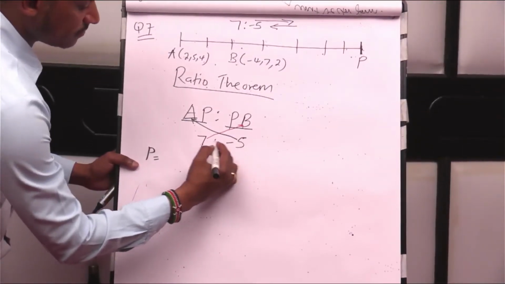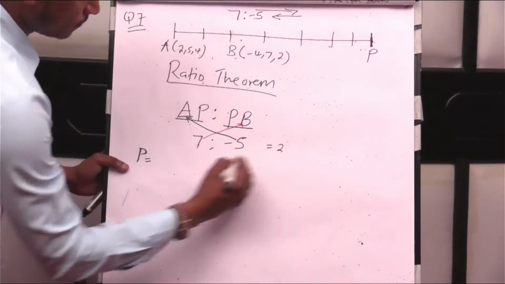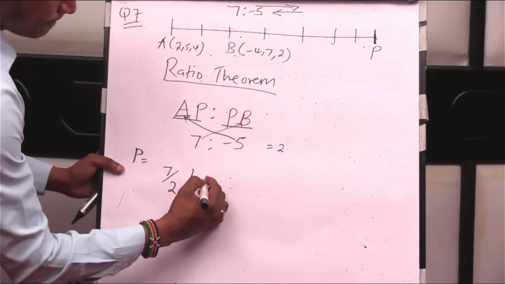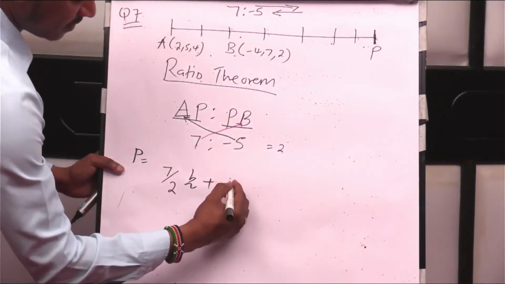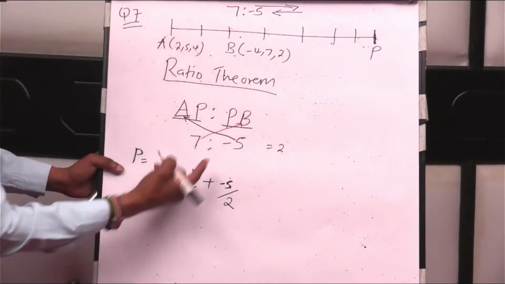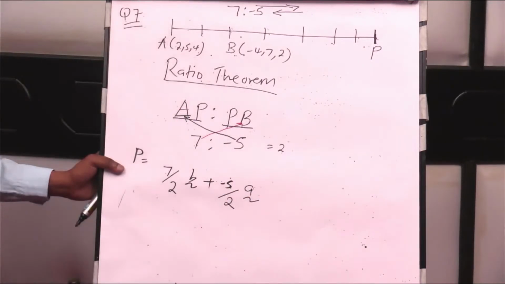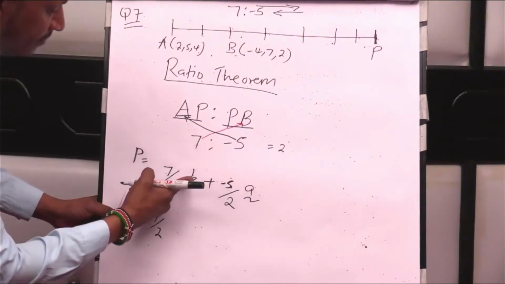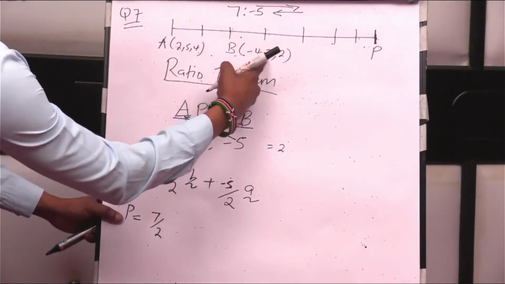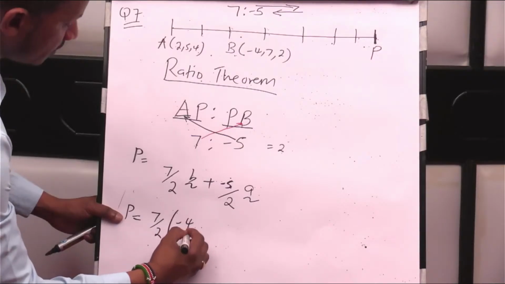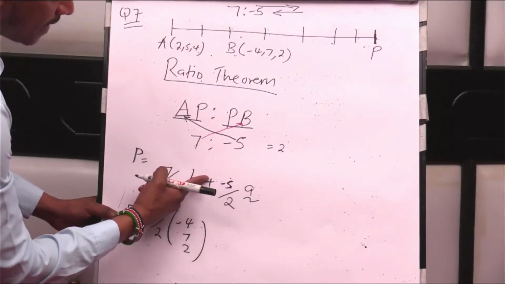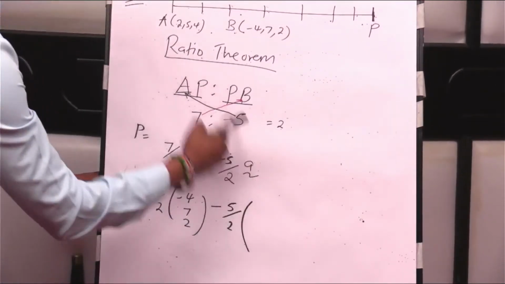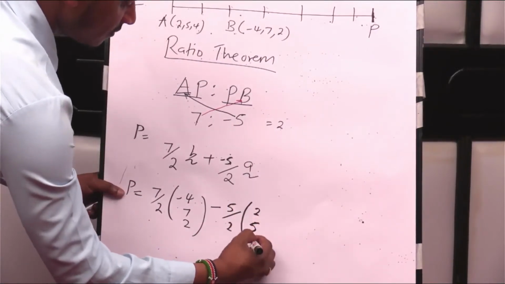Total ratio is 7 plus -5, which is equal to 2. So it becomes 7 over 2 of B plus -5 over the total ratio 2 of A. Therefore, P equals 7 over 2 of B. What is B? The coordinates of B are (-4, 7, 2), plus times minus is minus 5 over 2 of A. A is (2, 5, 4).